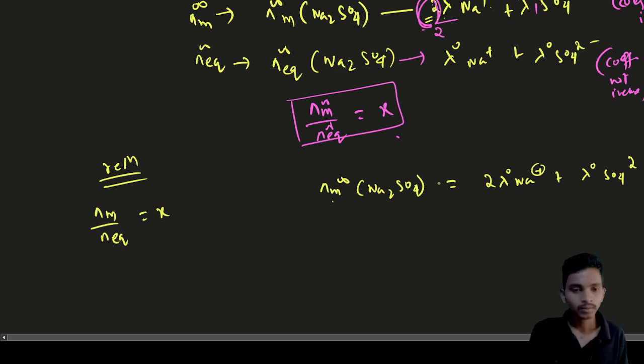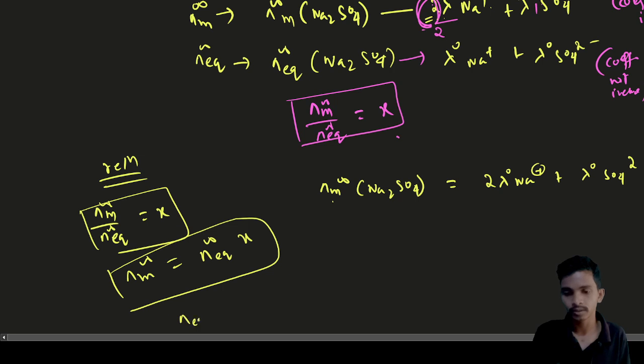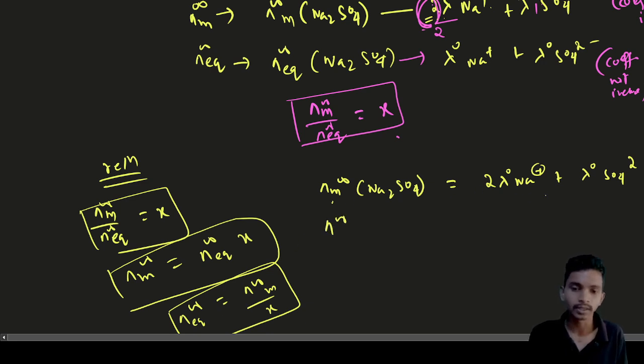From here, molar equivalent conductance at infinity is molar conductance at infinity upon x. So for molar equivalent conductance at infinite dilution, it will be the same value, just divided by x.